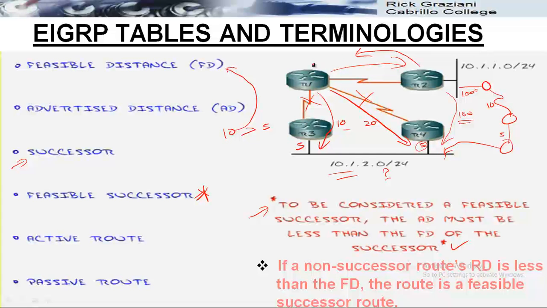So when router 1 looks at that, it will see my feasible distance to reach that network is 10, and you're telling me that for you to reach that network, it will cost 100. So in this case, router 2 doesn't meet the feasibility condition to be called a feasible successor.